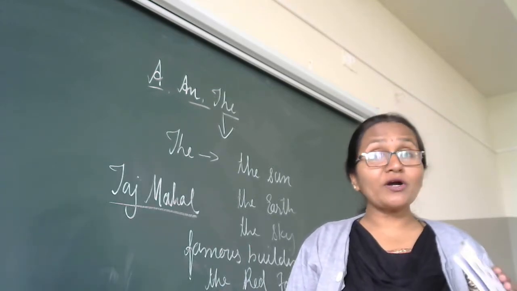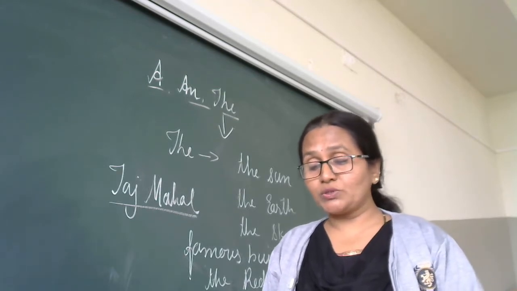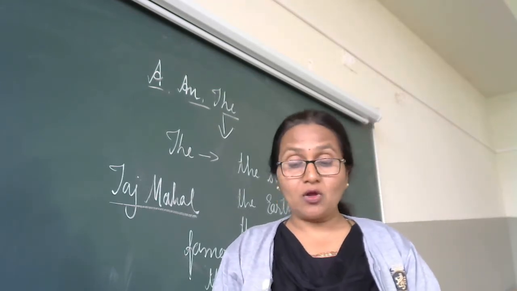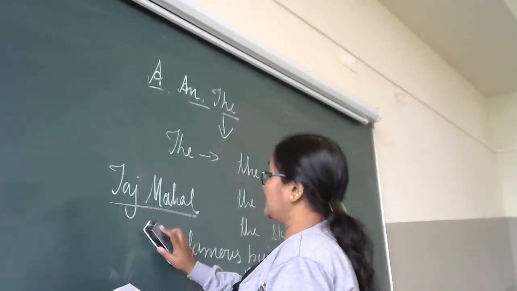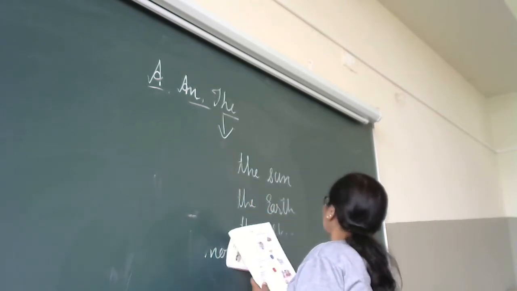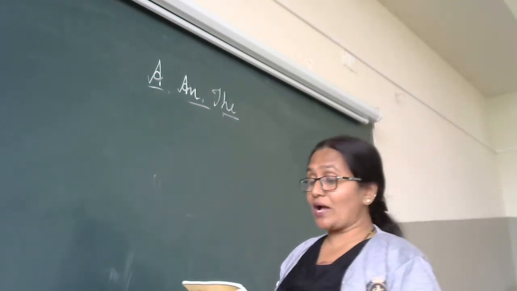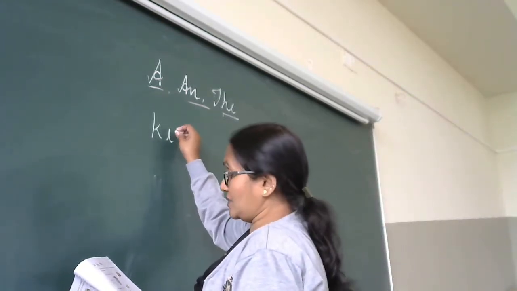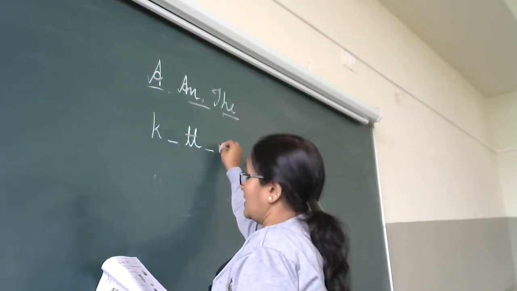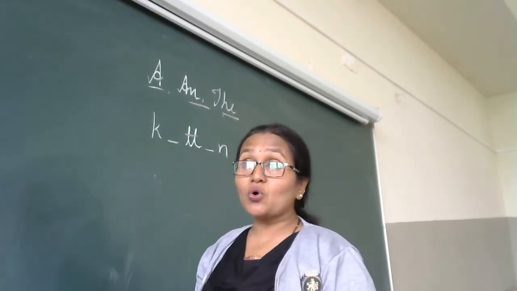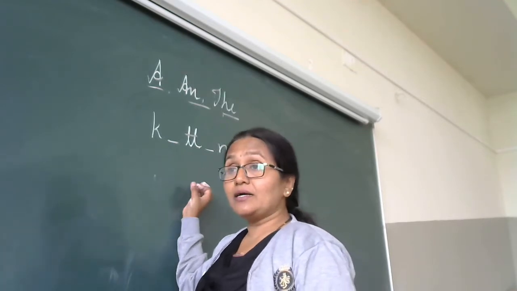Now, in your grammar textbook, page number 19, see the picture clues and add the missing vowels to get the words. Here, a baby cat is called a kitten. Now you know which are the vowels and which are the consonants. They are asked to fill in the missing vowels so that it makes the complete word.